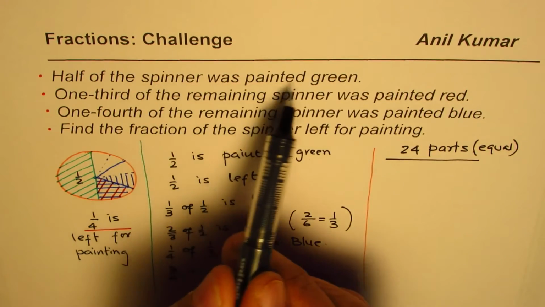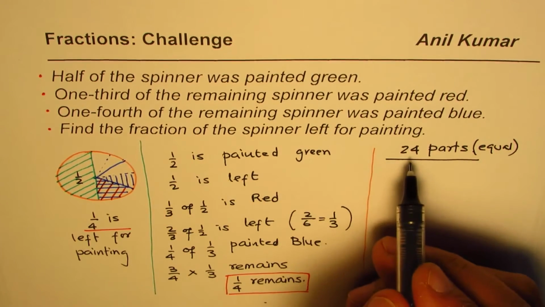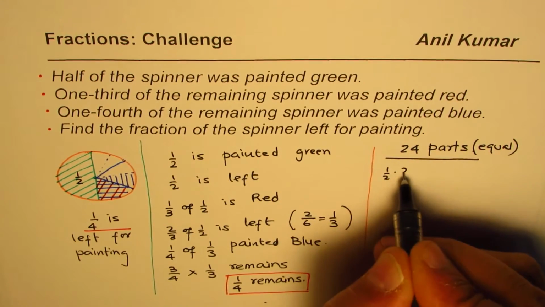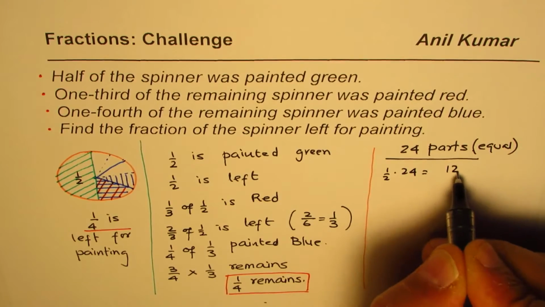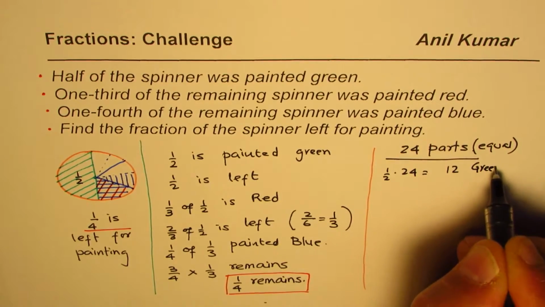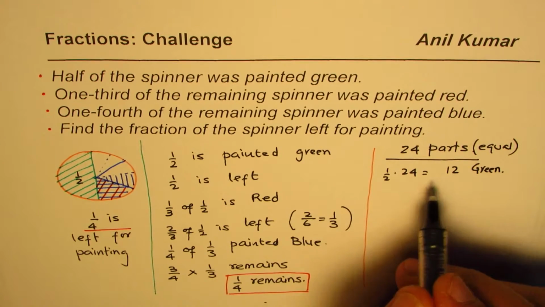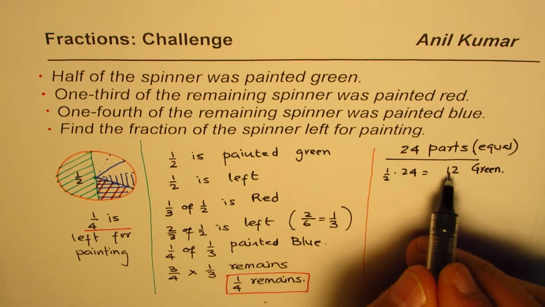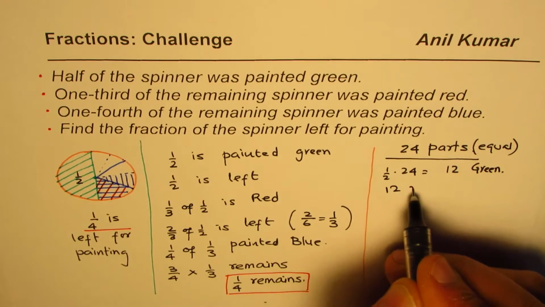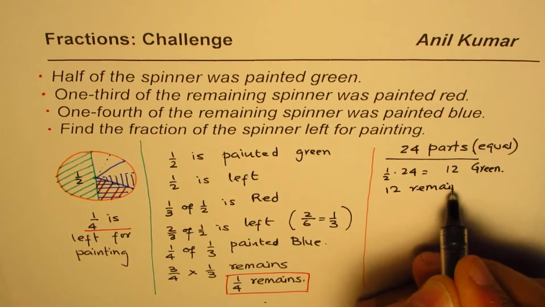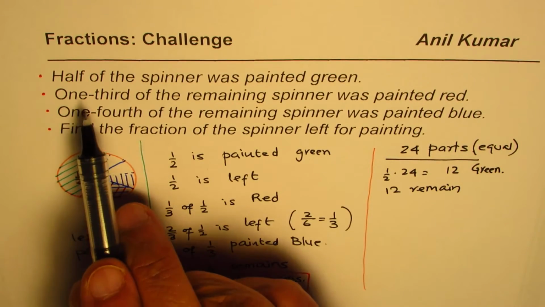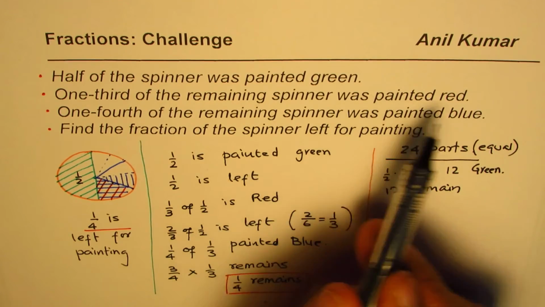Half of the spinner is painted green. Half of 24 is 12. So 12 is green. Do you see that? Okay. Now 1/3 of the remaining. So what remains is, from 24, 12 are green, so 12 remain, right? Now it says 1/3 of the remaining spinner is painted red.